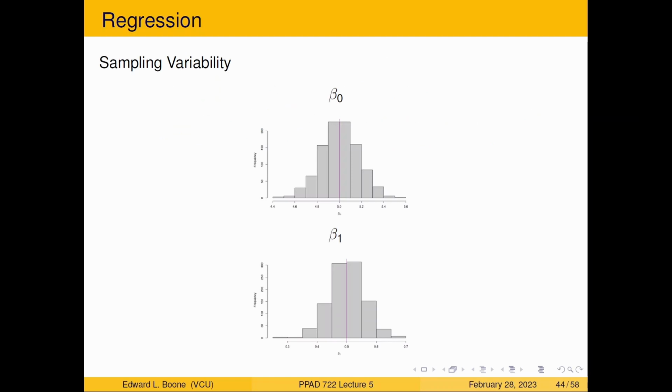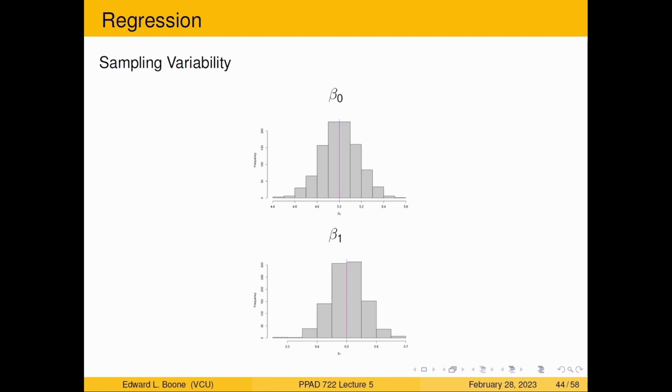All right, so if I were to take those samples that I just showed you, the lines, and I wrote out their line in a beta 0 and beta 1, these are the numbers that I got off of those. And notice you can see there's a nice distribution here of beta 0 and beta 1. From sample to sample, notice most of them are near this magenta line, and the magenta line is the true value, in this case 5 and 0.5.